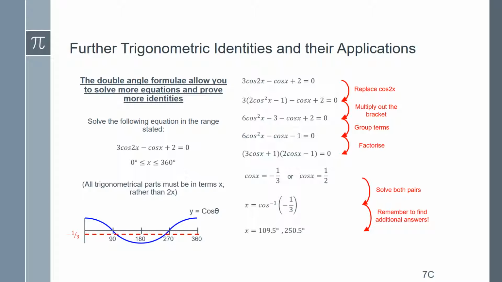So 250.5 by symmetry is another one. Inverse cos of a half is 60, and again using the cos graph, the other answer in the range is 300. So 60, 109.5, 250.5, 300 are the solutions for x.